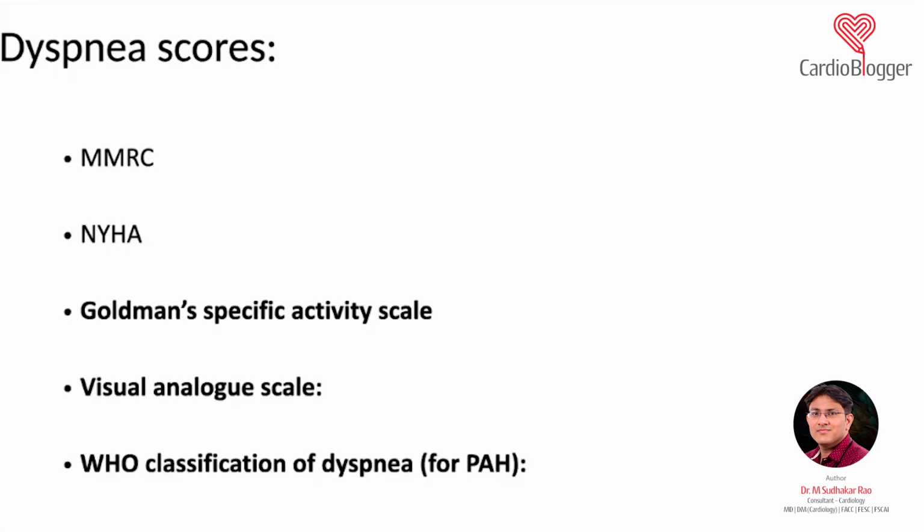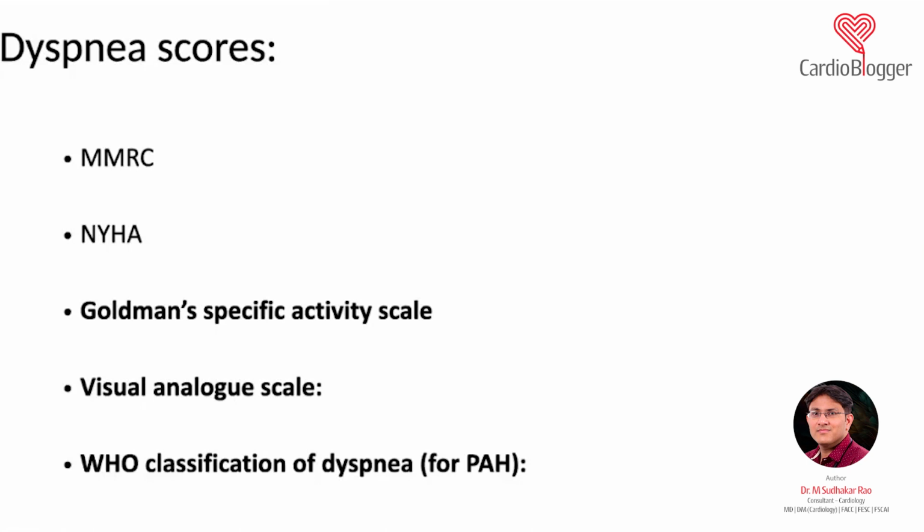Then there is something known as visual analog scale. This is not commonly used, but you should remember that on a grading of 1 to 10, you can quantify the dyspnea. Not only dyspnea, various things like chest pain can also be graded in a visual analog scale. And last is the WHO classification, which is done only for pulmonary artery hypertension. If a patient with pulmonary artery hypertension presents to you, apart from NYHA, you can also use the WHO classification.